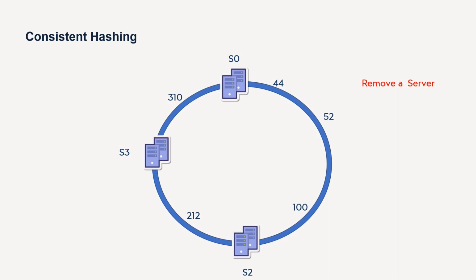But if you use a normal hashing function, whenever you add or remove a server, the change will be huge. Almost all servers will be feeling the heat, and they have to shuffle the keys here and there.